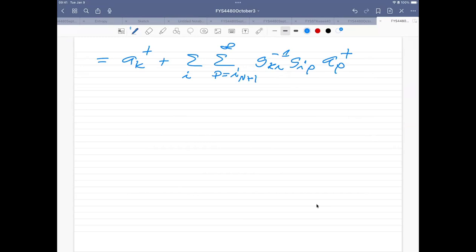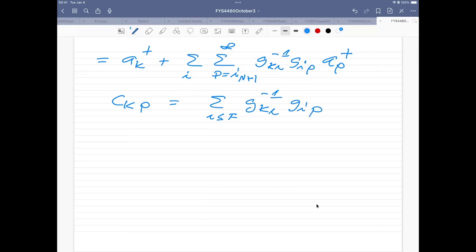So what I could do now is just define a coefficient, which I call C_KP, which is simply the sum over I less than F of this G_KI inverse and then G_IP. I redefine that one.